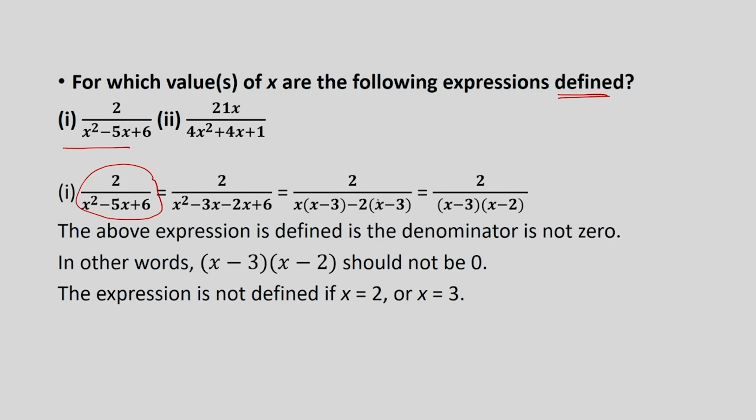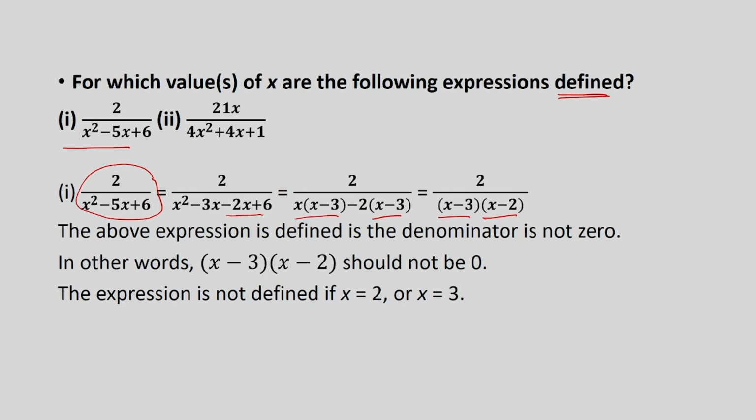From this we get 2 divided by, I am taking x common, so it becomes x multiplied by x minus 3, and from the last two terms I can take minus 2 common. So within the brackets I am getting x minus 3, and therefore I can take x minus 3 common. If I take x minus 3 common, then the other term will be x minus 2. So in the end, the expression becomes 2 divided by x minus 3 multiplied by x minus 2.